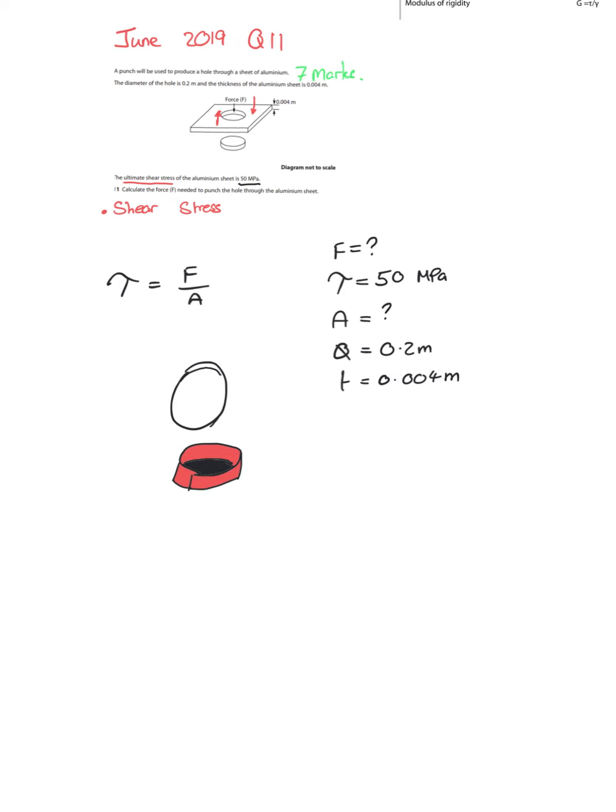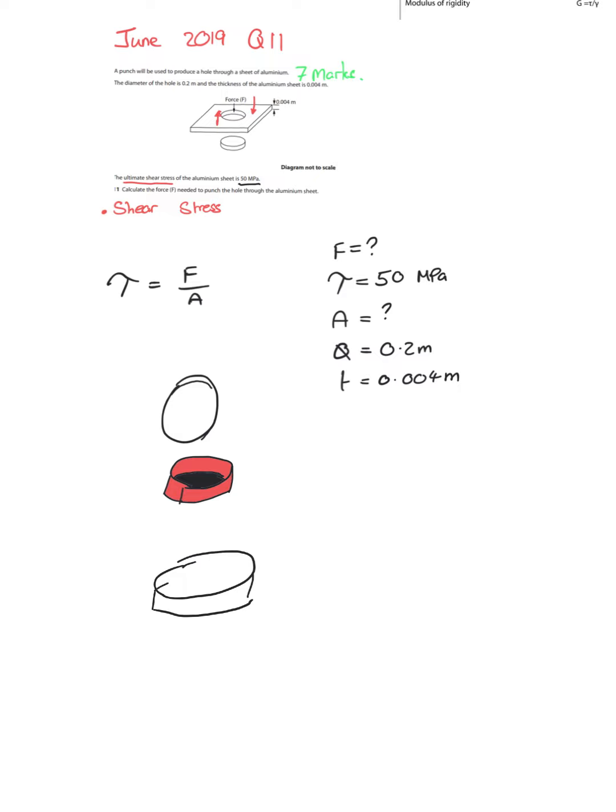If I have a circular punch and you're trying to think about what area that punch is going to cut, it's actually going to cut this red sort of area. So your punch is going to come down and hit a circle type shape, and your punch has to slice through the strip of that circle.